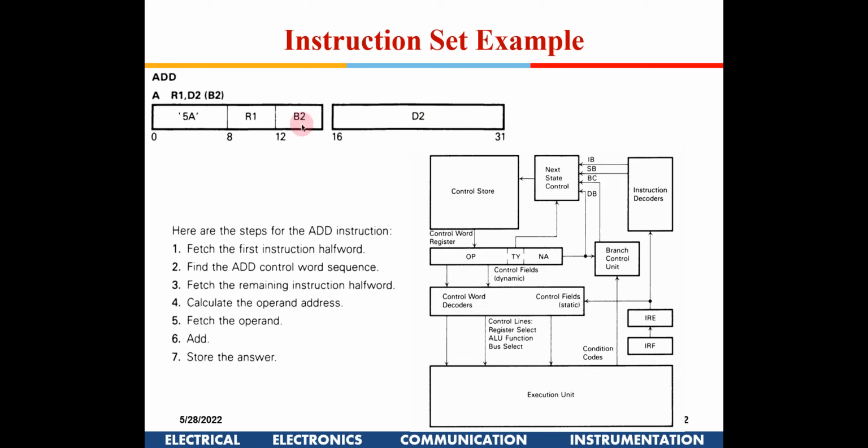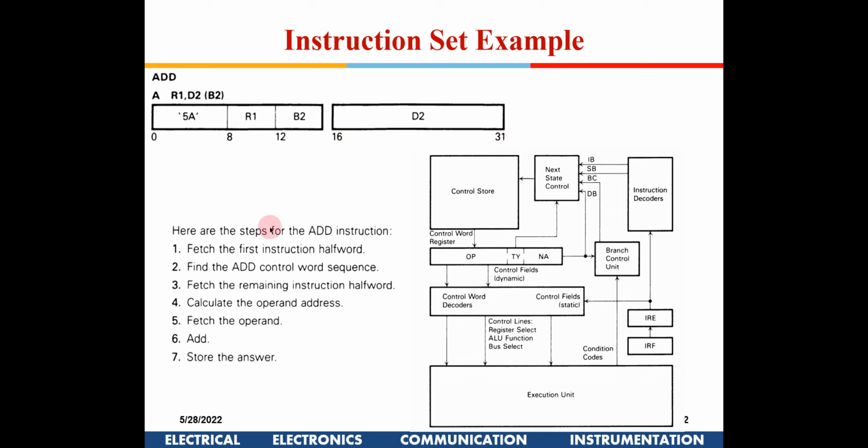You take the contents of B2, add D2, and create an address, and from that address you fetch the data and add it to the contents of R1, and finally the result will be stored again to R1. So this is what the instruction looks like.